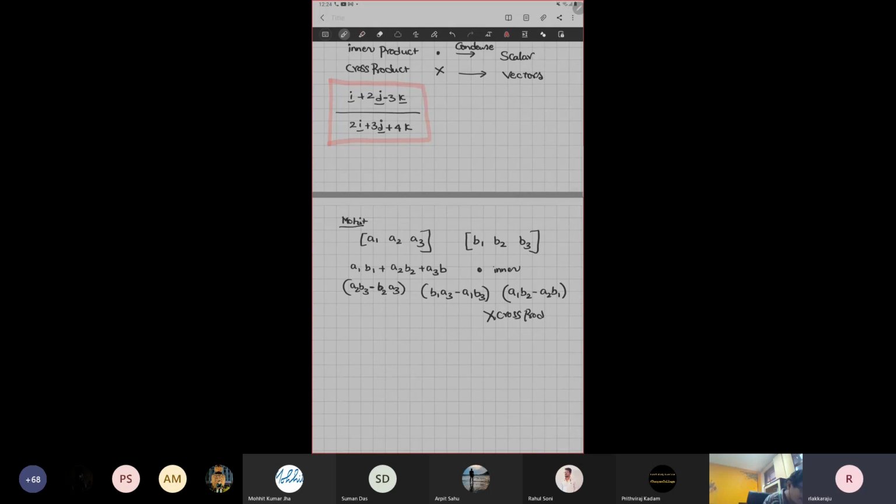What Mohit is saying is, maybe I can think of a freshly new way. A1, A2, A3 is 3 by 1. B can be kept as B1, B2, B3 as 1 by 3.